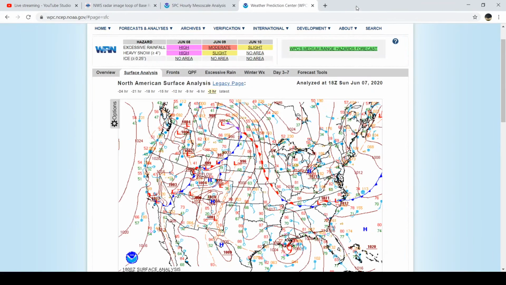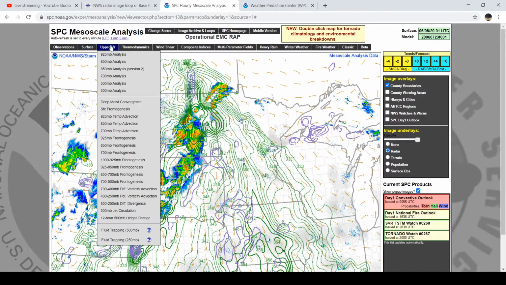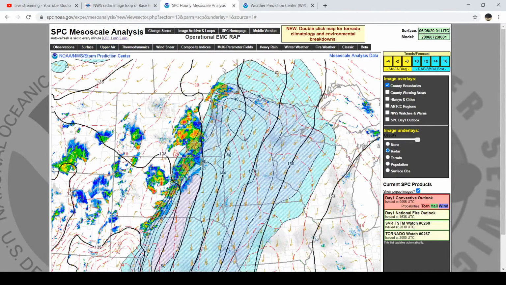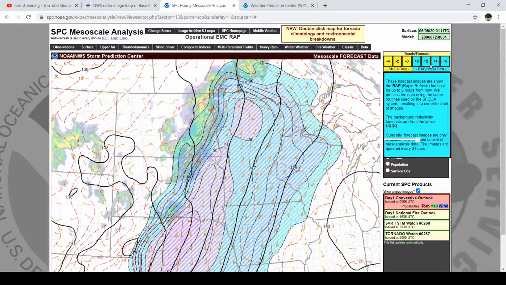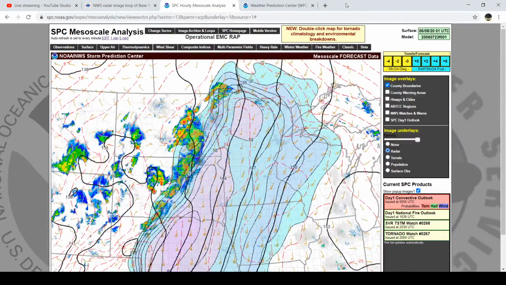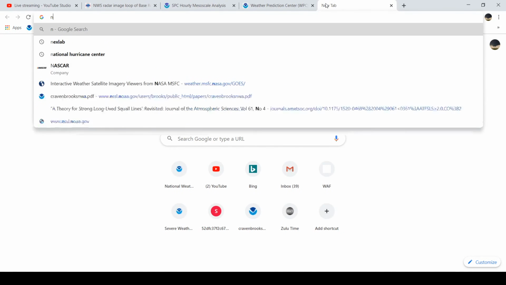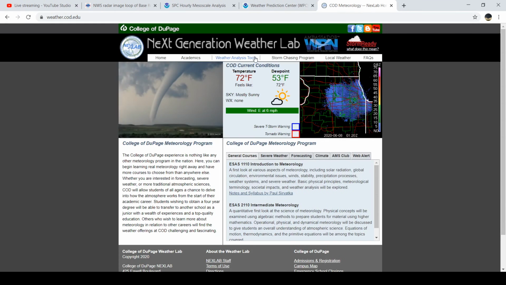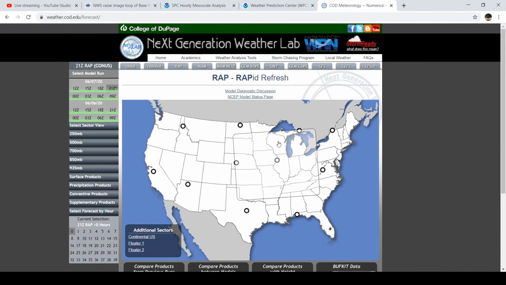Well, let's see. Usually, see what the HRRR or the NAM shows, what's going to happen in the next couple of hours.